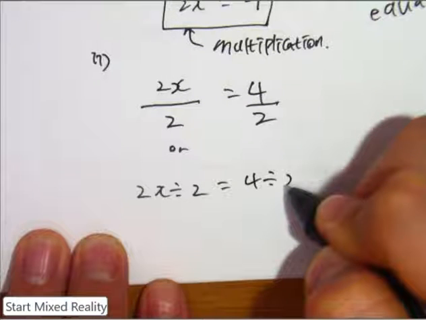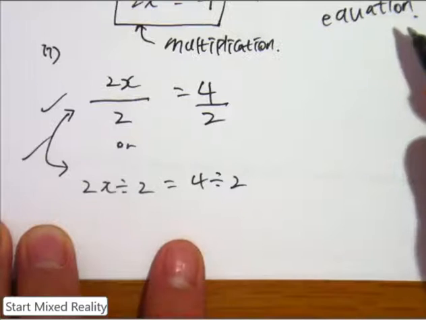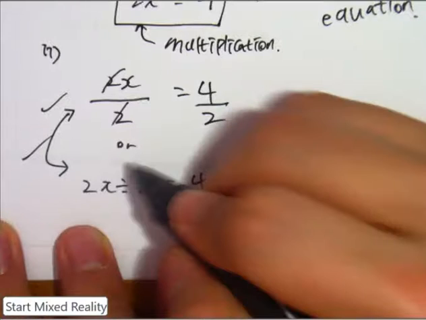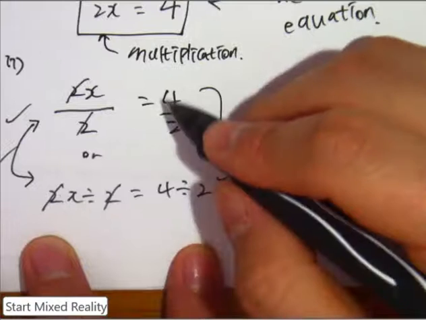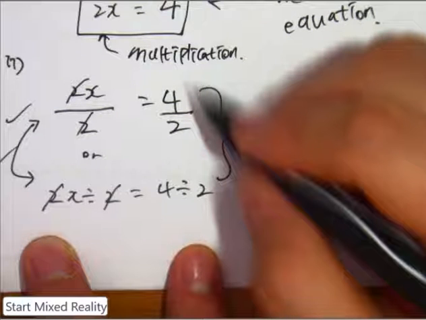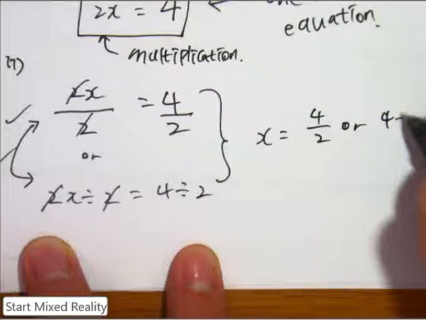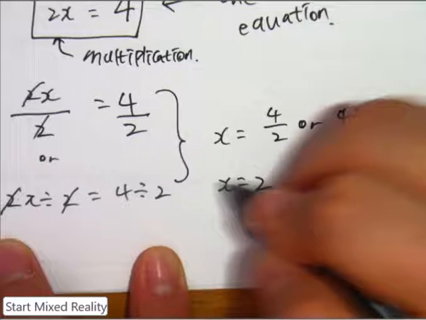I do not mind which one you use because both ways are correct in Math 7. 2 divided by 2, they cancel out. So x is equal to 4 over 2, or 4 divided by 2, which ends up being the number 2.